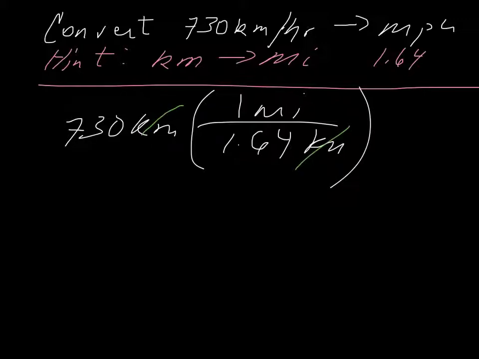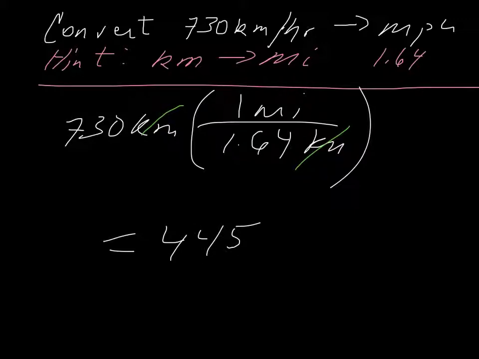And I multiplied by 1, it's still the same number. So 730 kilometers is, did you guys do the division? What's 730 divided by 1.64? 445.